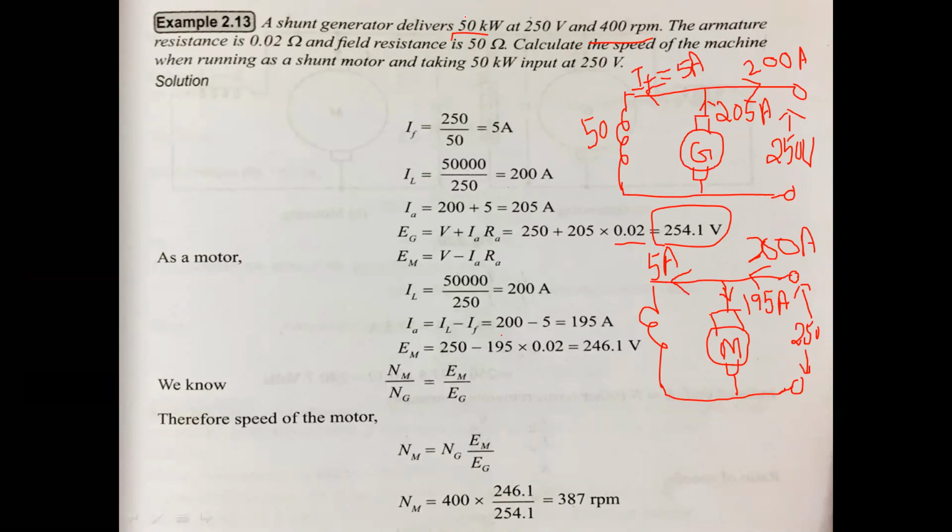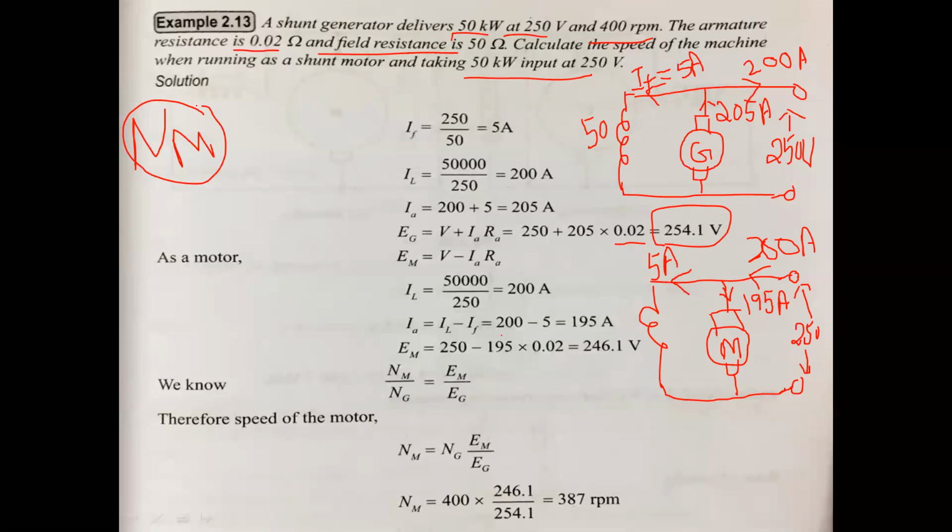So this is the power, power means voltage into current, at 250 volts and 400 RPM. The armature resistance and field resistance are the same in both cases. Voltage and power are also the same. Calculate the speed of the machine when running as a shunt motor and taking 50 kilowatts. Input voltage 250. You need to calculate the motor speed.